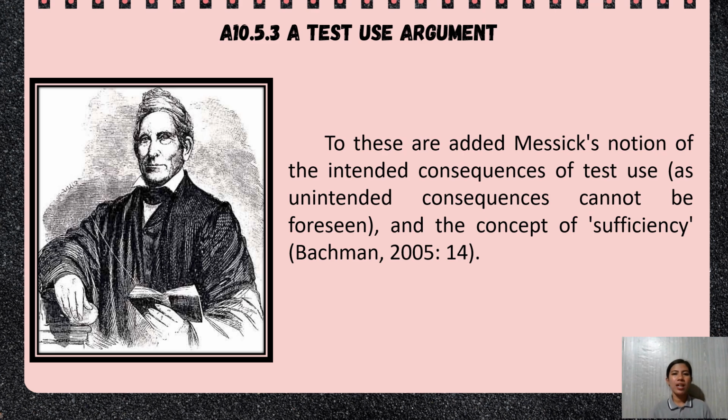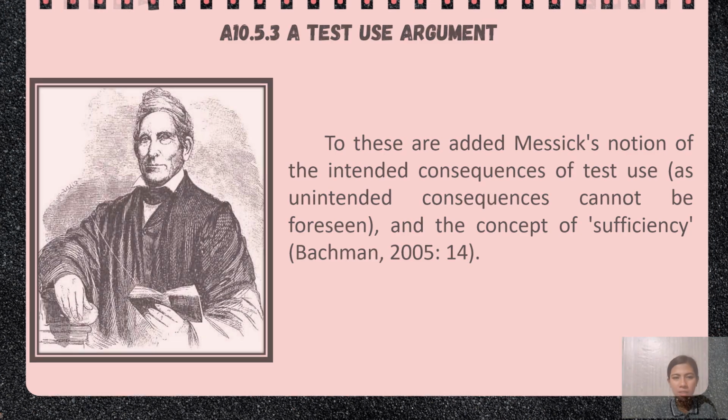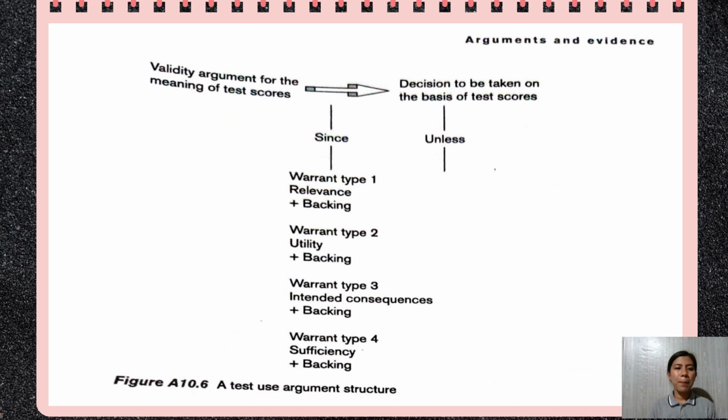To this are added Messick's notion of the intended consequences of test use, as unintended consequences cannot be foreseen, and the concept of sufficiency. Bachman 2005, on page 14, suggests an argument structure similar to that presented in Figure A10.6.